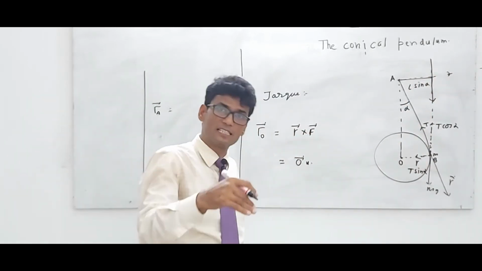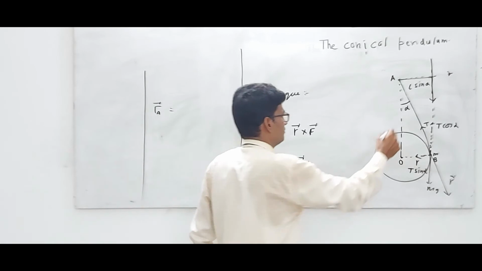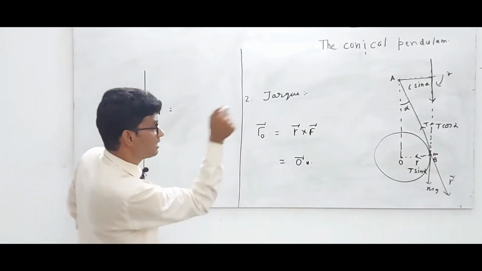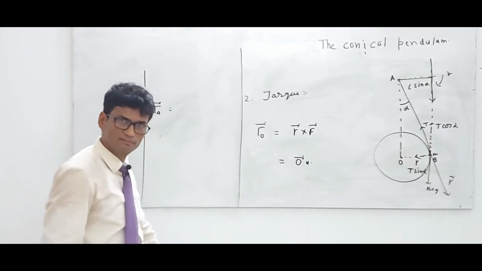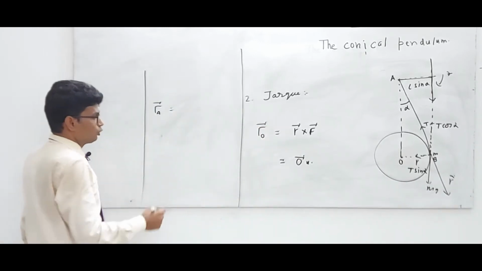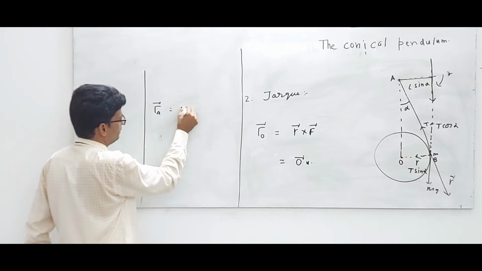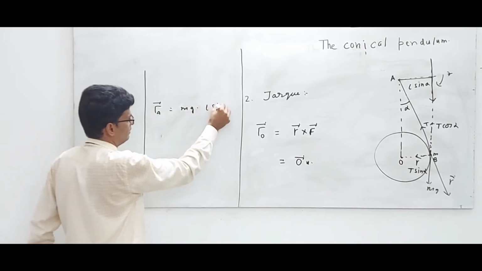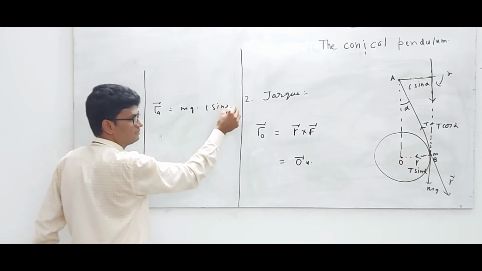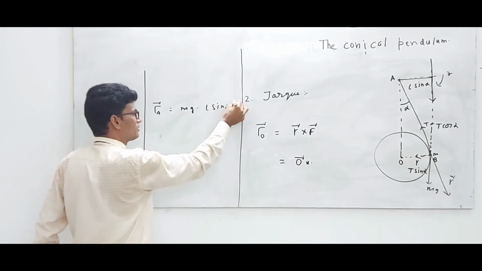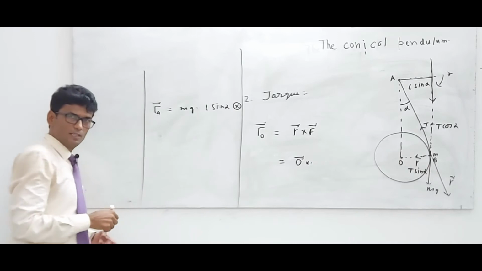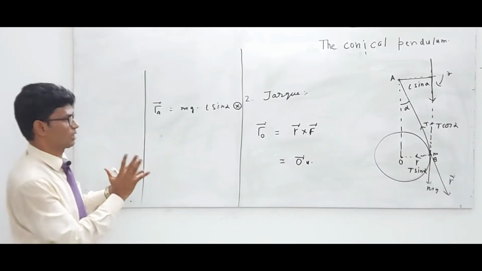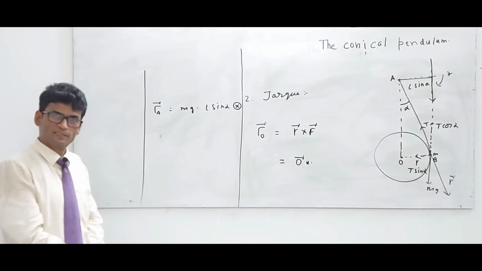So the direction is like that. Clockwise means into the board. So here mg is the force and the moment arm is L sin alpha. Going into the board, you take a small cross in a small circle. So this is the torque about point A.